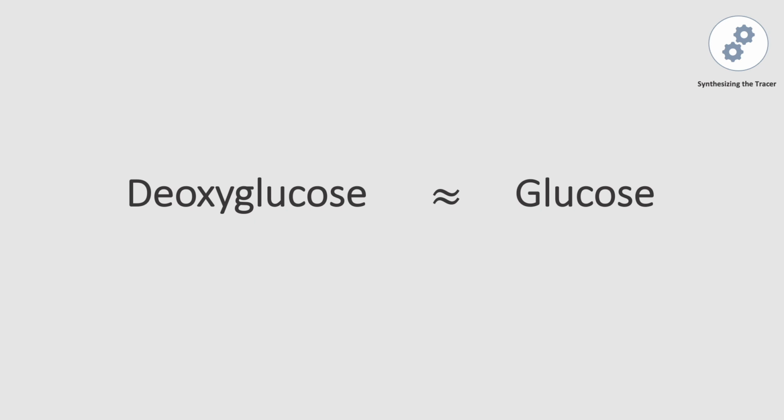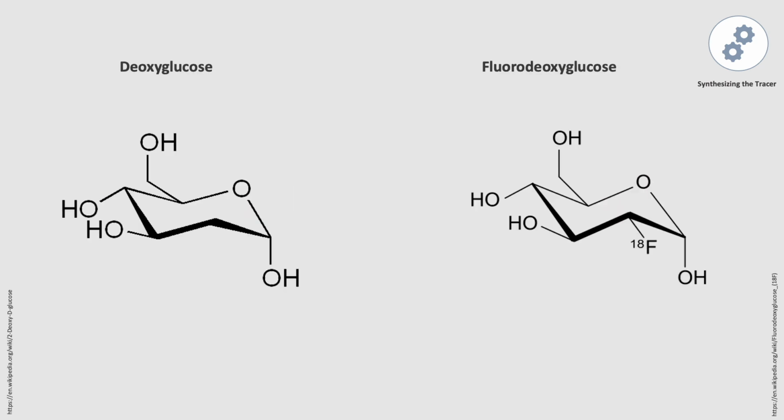Deoxyglucose is a glucose analog. That means it has a similar structure to a glucose molecule. On the left, you can see deoxyglucose, and on the right, FDG. To get FDG from regular deoxyglucose, the hydroxyl group at the C2 position is replaced by the positron-emitting radioisotope F18.